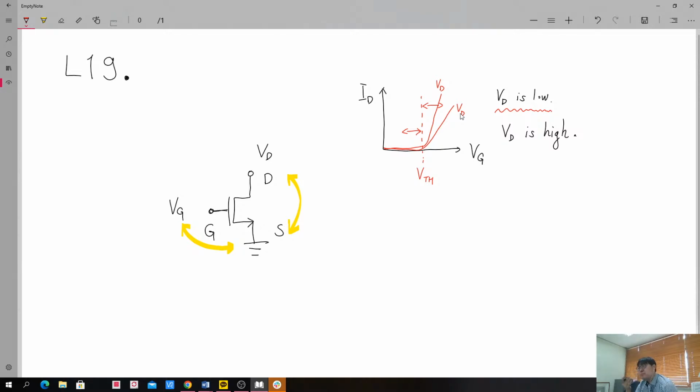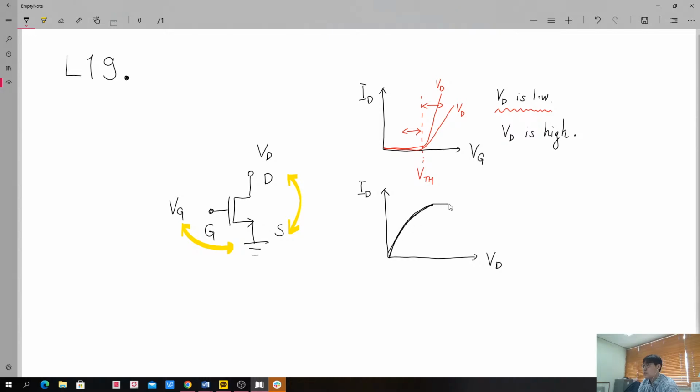This is the so-called input characteristics, and we also have to consider output characteristics, ID versus Vd. Then we will have a typical curve like this. There will be a certain parabolic curve here.